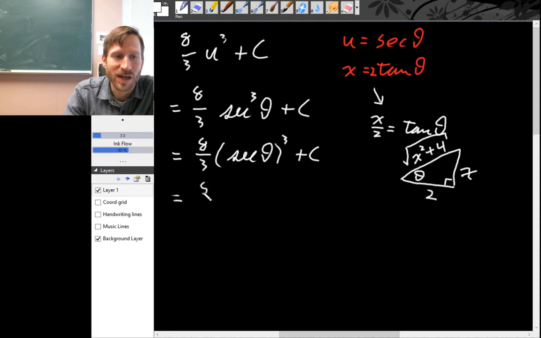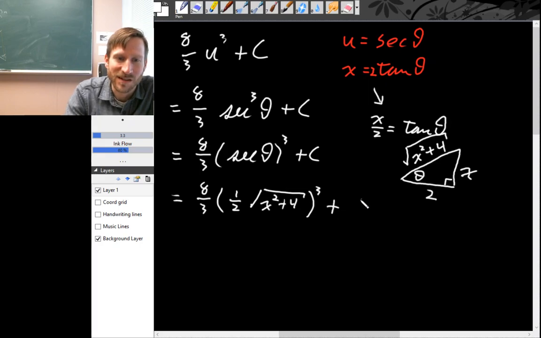Okay, and now we can use this right triangle to express secant theta. So this is 8/3 times secant theta. And in this triangle, secant is hypotenuse over adjacent. So 1/2 square root of x squared plus 4. So that all cubed plus c.